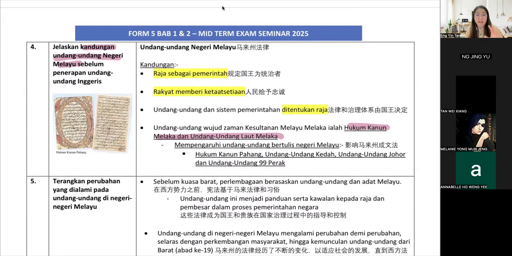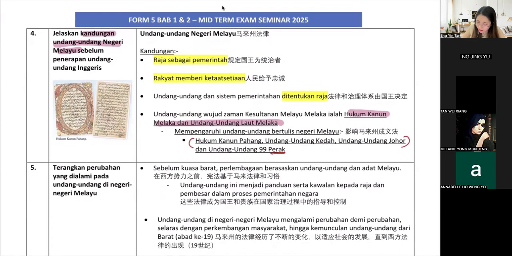If they ask like this, then you need to give me all these laws: Perak, Pahang, Kedah, Johor. All these undang-undang were actually influenced by Malacca law. Malacca law started first. They started with this undang-undang buku, and after that they influenced others. So if the question asks, apakah undang-undang dipengaruhi, or maybe it comes from Malacca, then you write all these states.